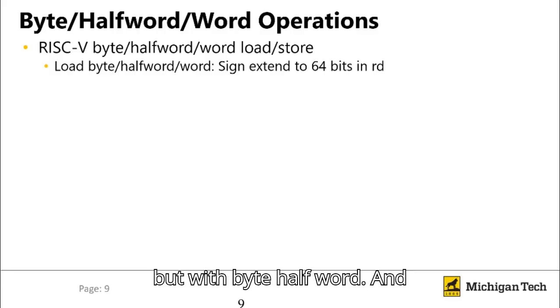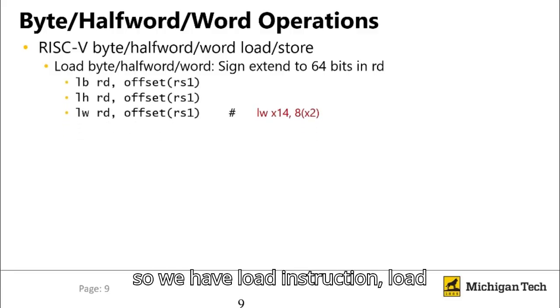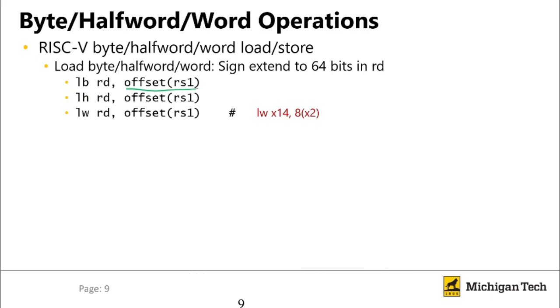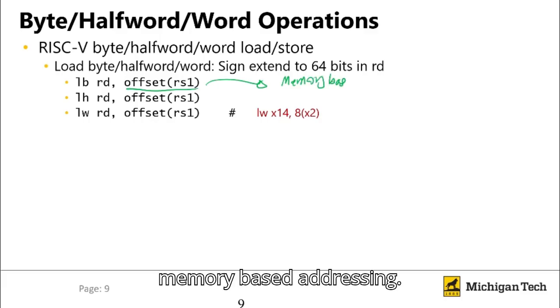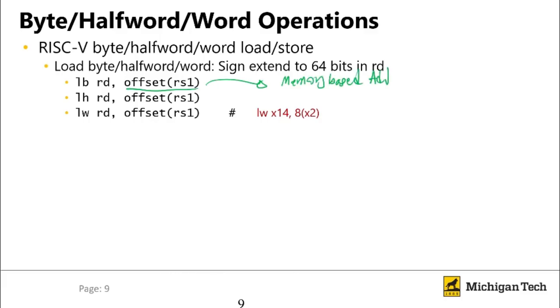but with byte or half-word sizes. So we have the load instruction. If you remember, we use the load instruction to access memory. So we find the address. This is memory-based addressing.